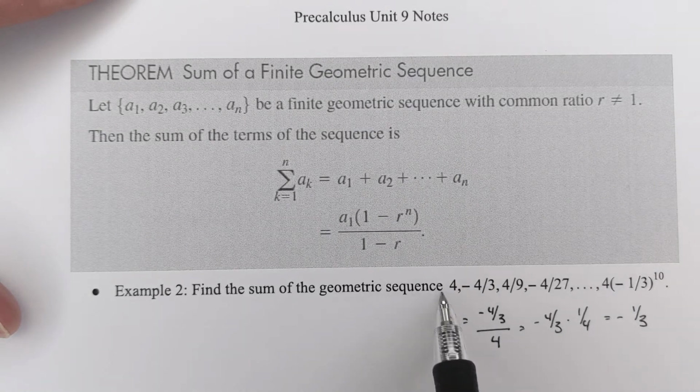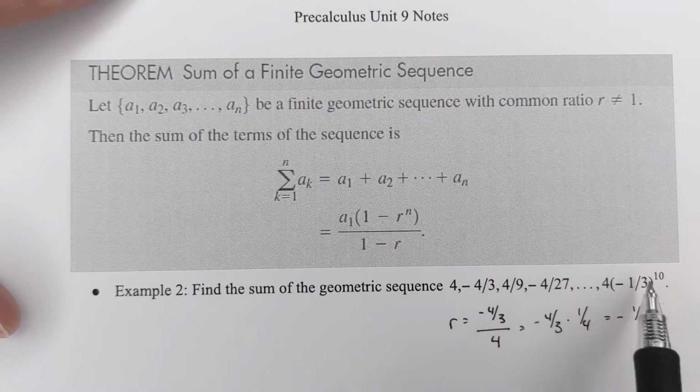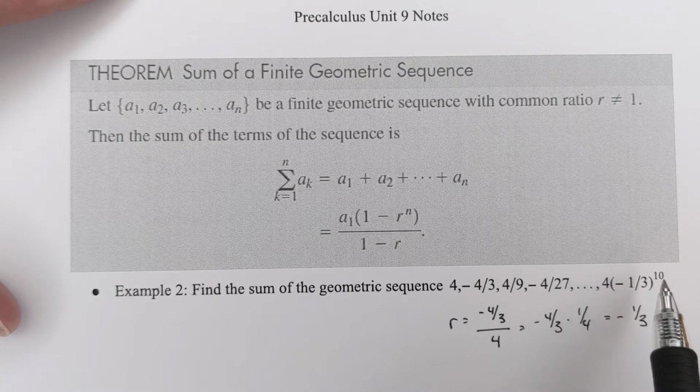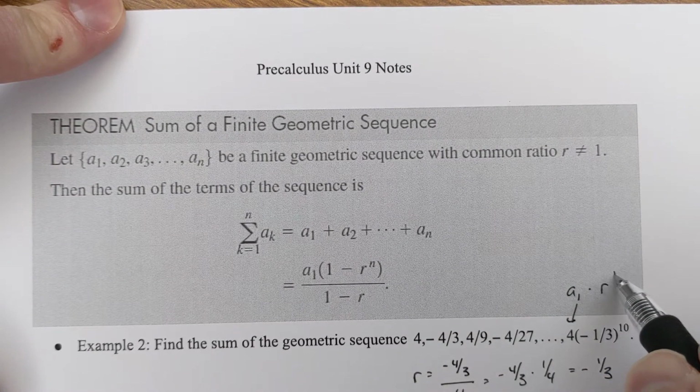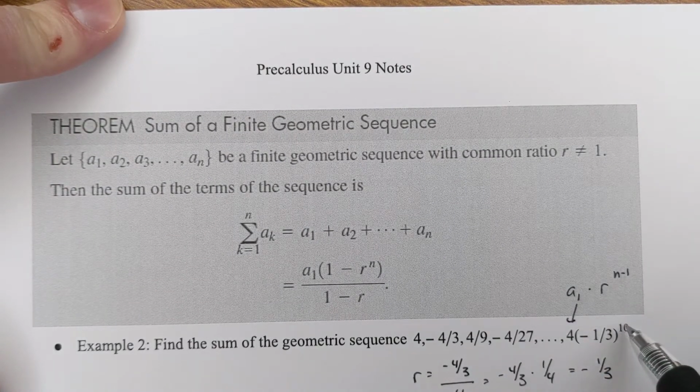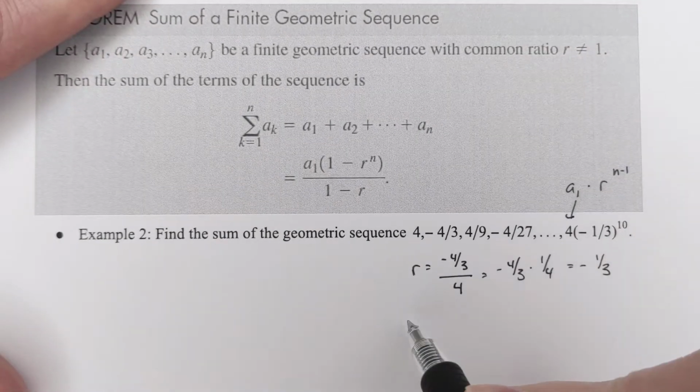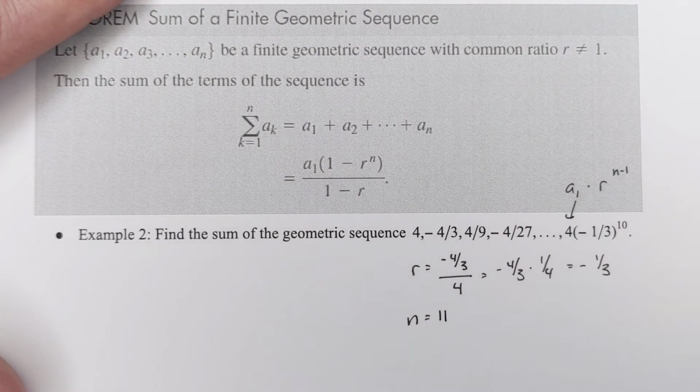So let's see here. First term, second term, third term, fourth term. We got 10 terms total. Oh, actually, we have 11 terms, because remember the exponent is in the generic form a1 times r to the n minus 1. If n minus 1 is 10, the n value is 11.